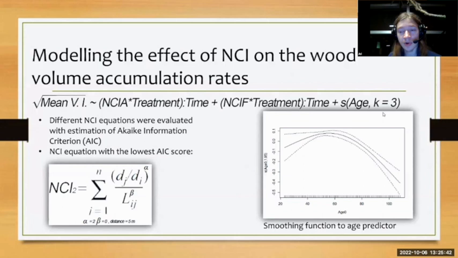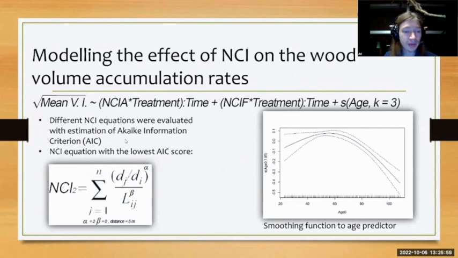I reduced the number of dimensions, the k index, to 3, as at the default level the curve of the smoothing spline was too wiggly.